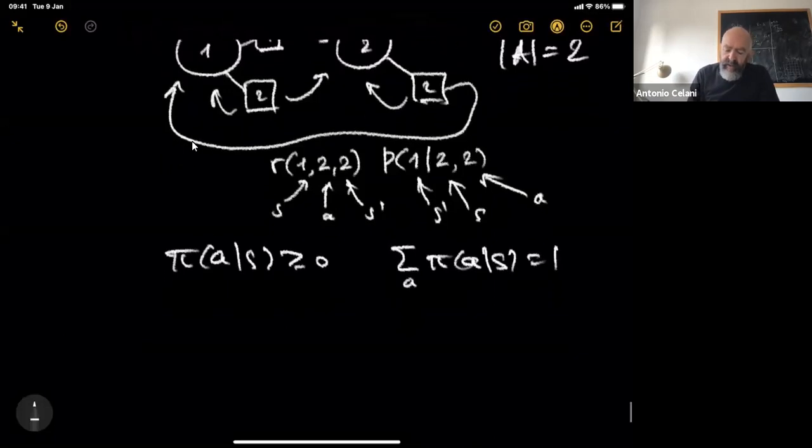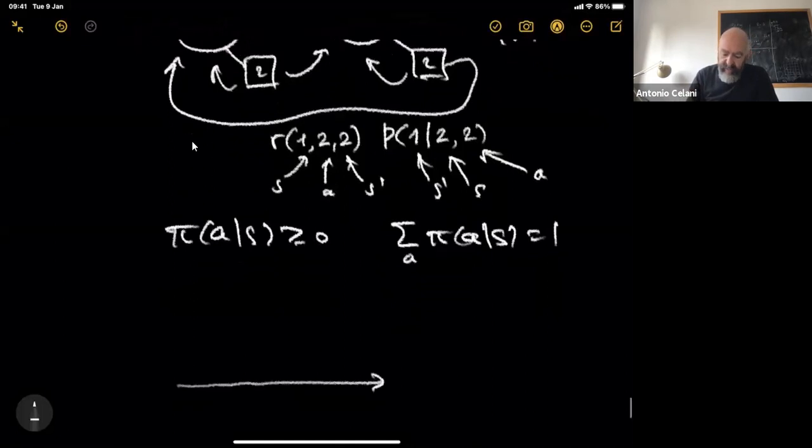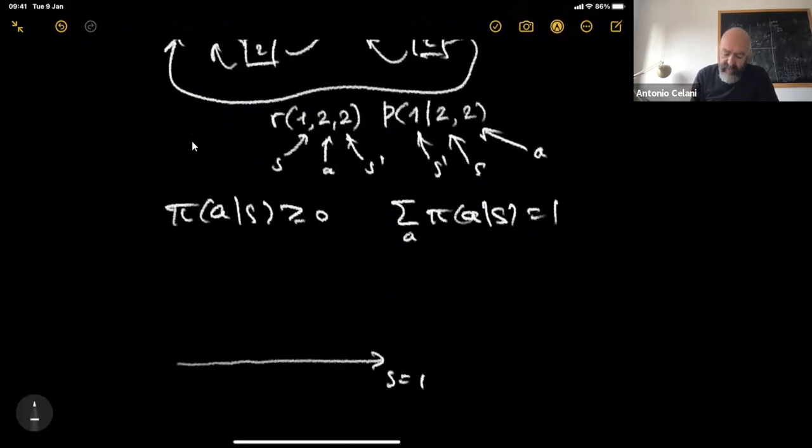So in this case, the policy space for state 1, over this axis, and for state 2, over this axis, is just a segment that goes from 0 to 1.